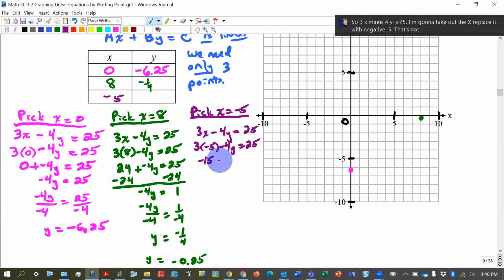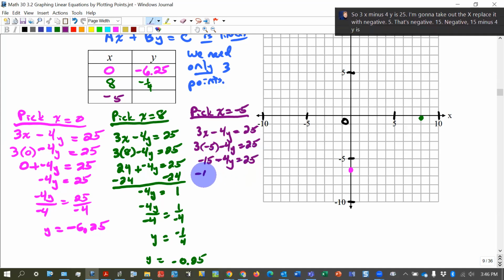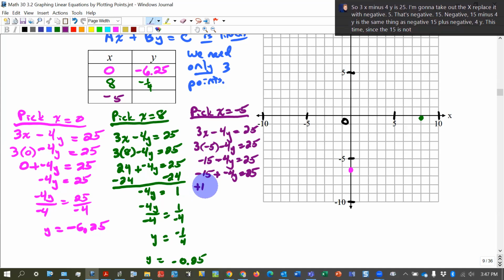That's -15. -15 minus 4y is the same thing as -15 plus -4y. This time, since the 15 is negative, I'm going to add 15 to both sides. So I get 0 plus -4y.